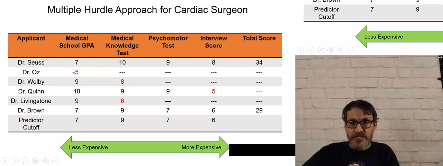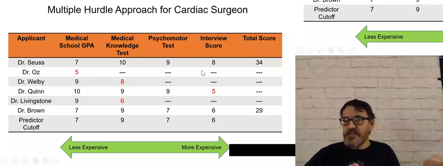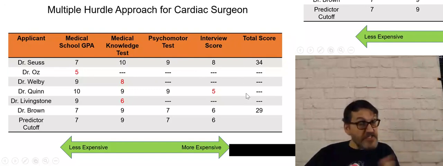Dr. Oz is out. Why am I going to waste my time and money measuring Dr. Oz on anything else when the cutoff has already been cut? And so you move to the second one. And as you proceed, the pool of applicants gets smaller and smaller, and you get the same comparison at the end, but you saved a lot of money and saved a lot of time. Okay?